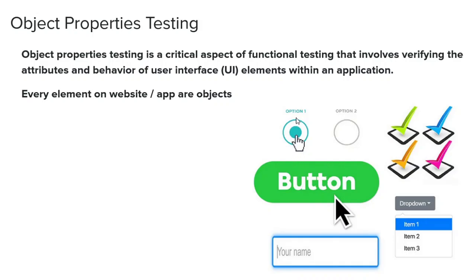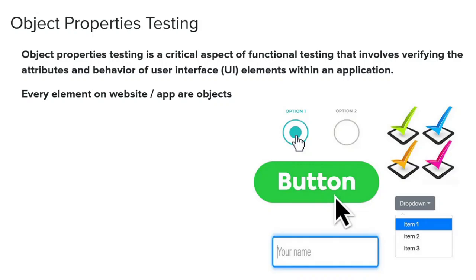On hovering, we will see this specific behavior. Right, so these are on the input text field. Whenever we click on it, we will see the cursor placed in that input text field. Now these are all the behaviors and properties which we have to verify during object properties testing inside the functional testing. So this is one type of functional testing, that is nothing but object properties testing.